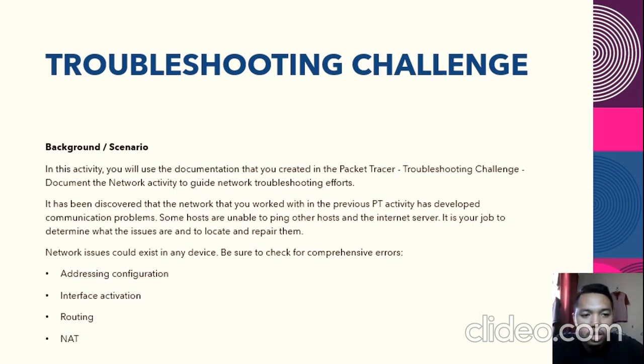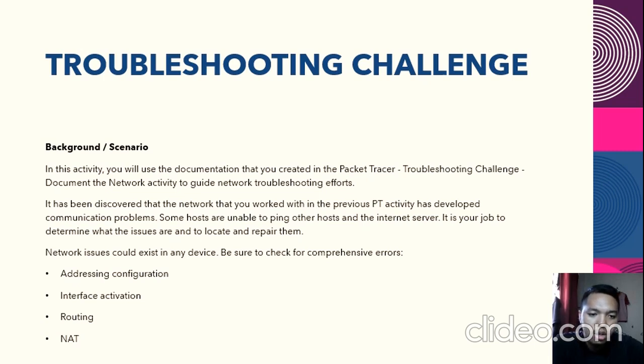So next, we will take a look at the background of the scenario. We know that in the previous Packet Tracer that we have developed, there are some issues, such as some hosts are unable to ping other hosts and the internet server. So our job is to determine what the issues are and troubleshoot them accordingly.